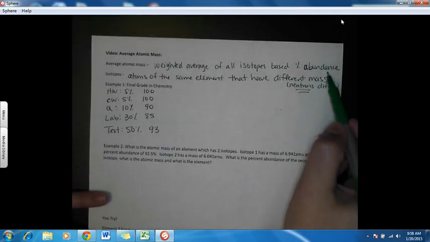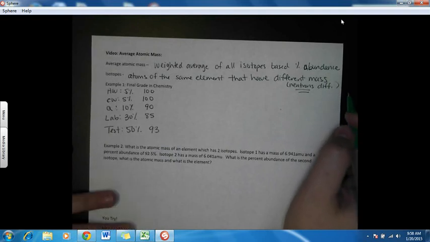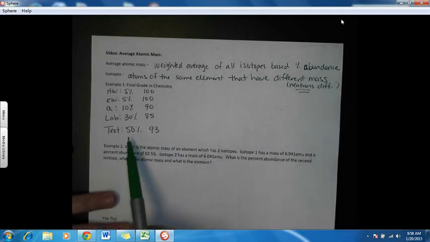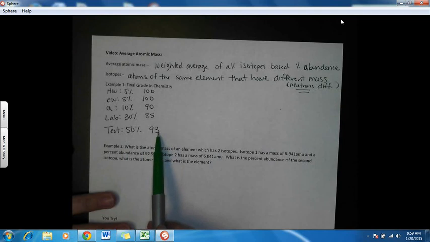So your tests count more, in other words. Likewise, when we talk about a weighted average of the isotopes, the percent abundance which is greatest will have a greater contribution to the average mass, just like the test being 50% has a greater contribution to your overall average.